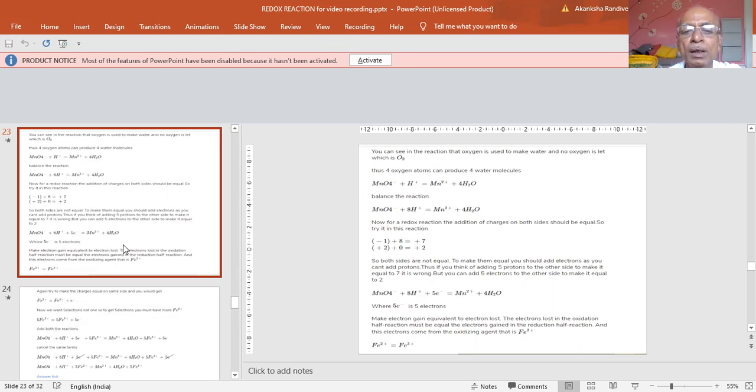And therefore MnO4 minus plus 8 H plus plus 5 electrons is equal to Mn2 plus plus 4 H2O, where 5 electrons are added, and hence the Mn plus 7 charge changes to Mn2 plus.